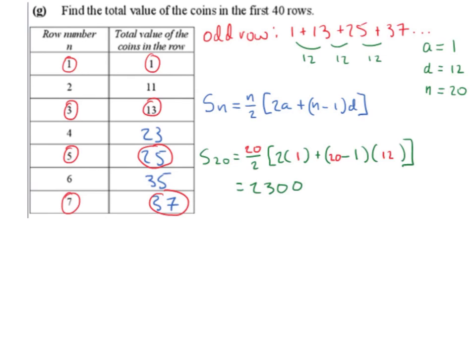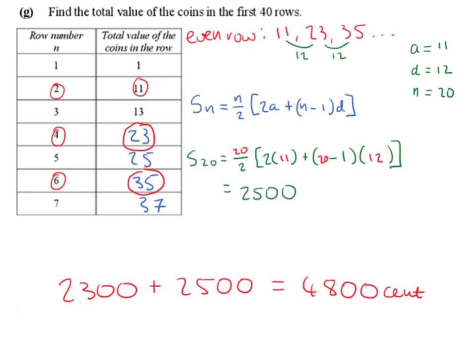A is going to be 1, which is the first term. D is going to be the common difference, which is 12. We're going up by 12. And n is going to be 20, because we're looking for the total value of coins in the first 40 rows, and 40 divided by 2 is 20. So there are 20 odd rows in the first 40 rows. So we swap the n for 20, the a for 1 with brackets around it, the n for 20, and the d for 12 with brackets around it.